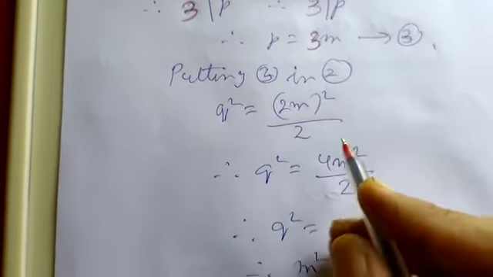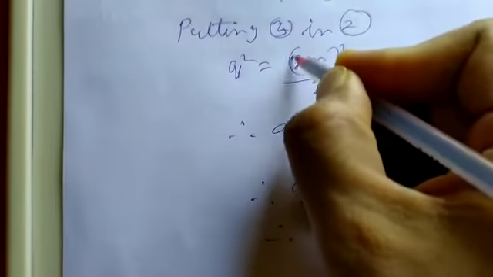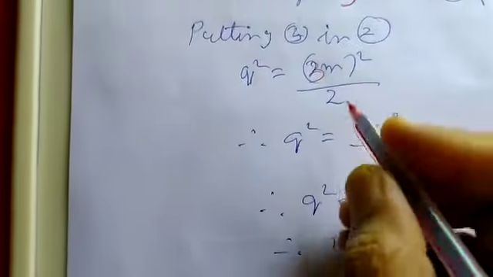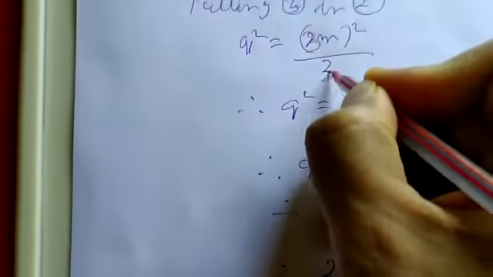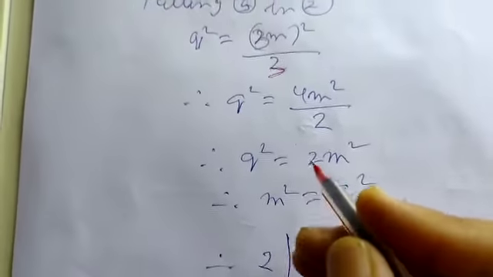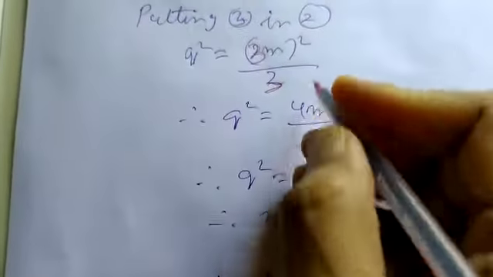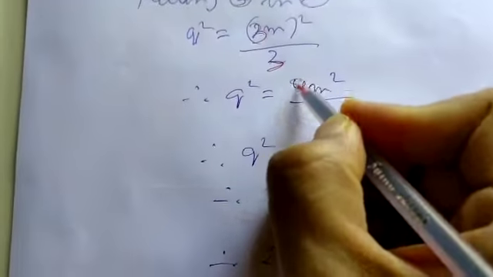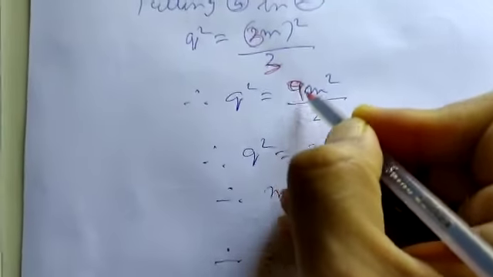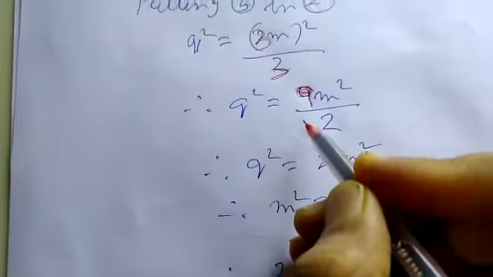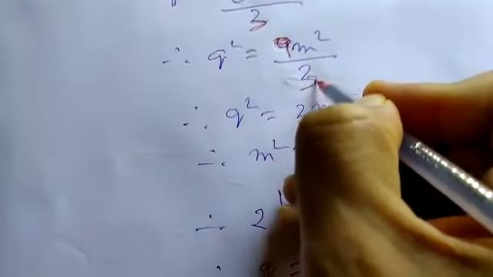q square equals 3m whole square divided by 3. So q square equals square of 3, which is 9, 9m square by 3.